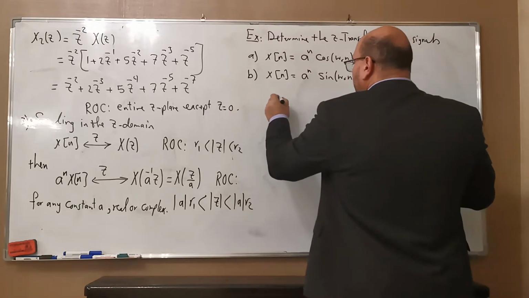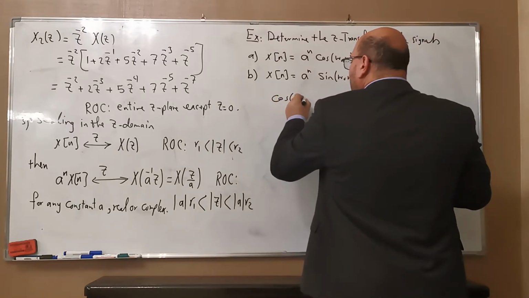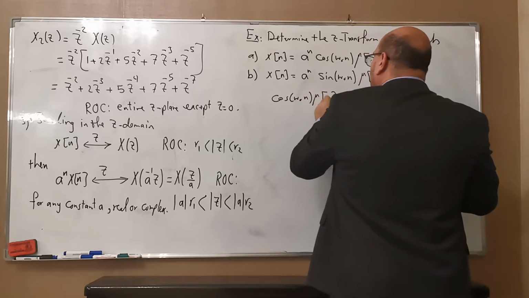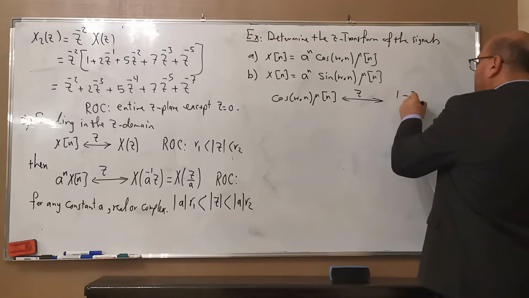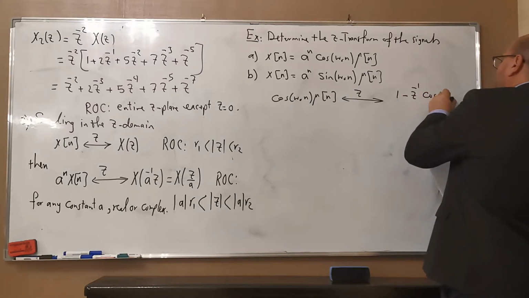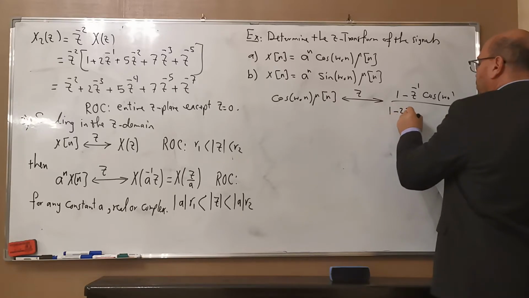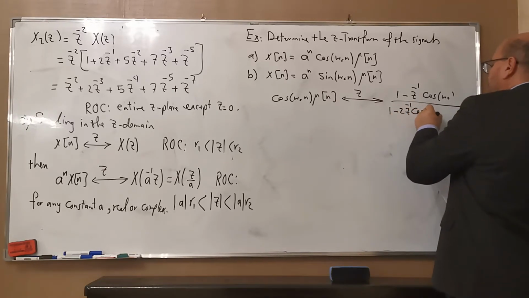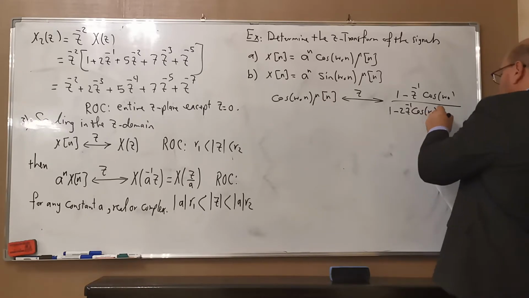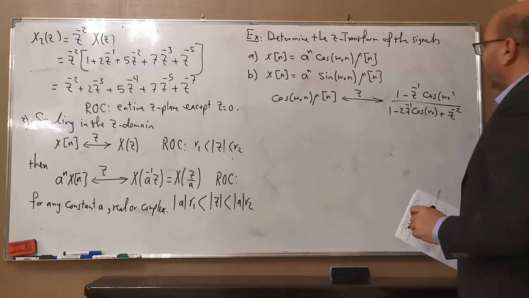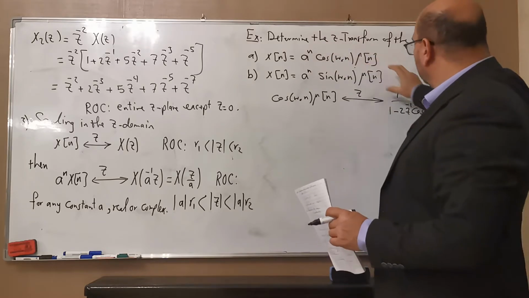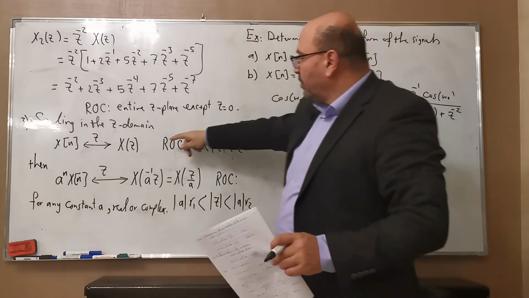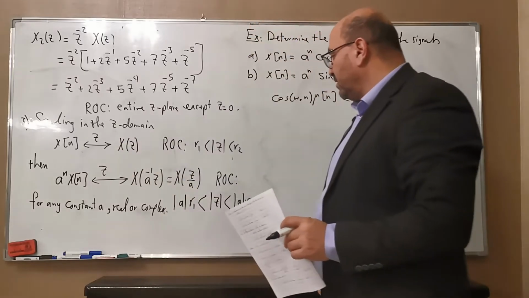Just to remind you, previously we had cosine omega 0 n mu of n, which has the Z transform equal to 1 minus Z inverse cosine omega 0 over 1 minus 2 Z inverse cosine omega 0 plus Z to the minus 2. Okay? Now we have A to the n cosine, and we will look at the scaling in the Z domain.